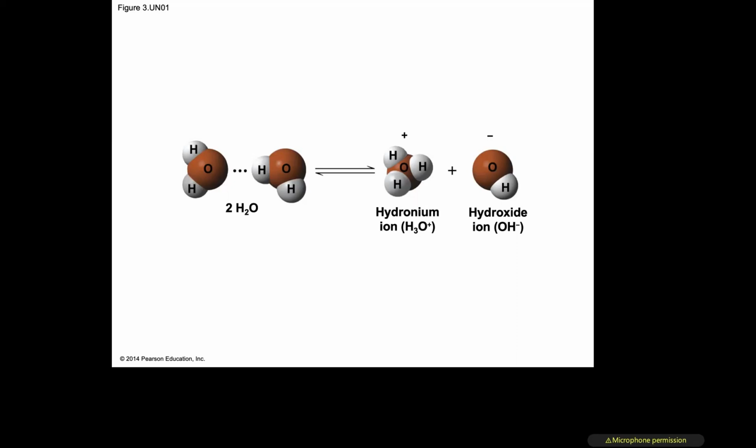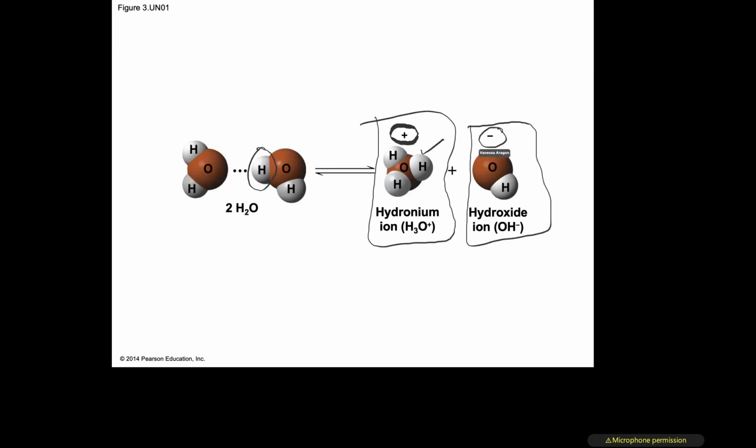As you can see here, the hydrogen from this water molecule attached to this water molecule, that made this one a hydronium ion, and that is a proton. It's a positive charge. And this made this one a hydroxide, and the hydroxide has a negative charge.